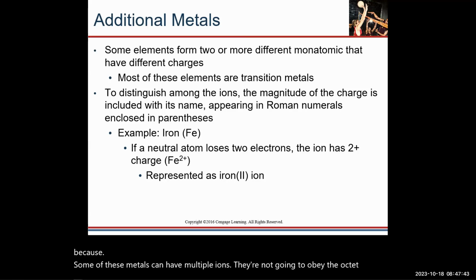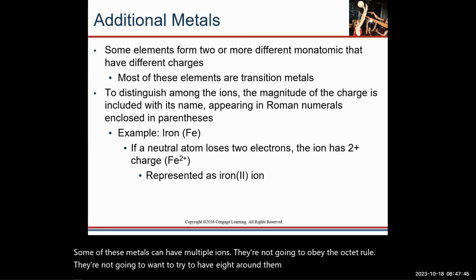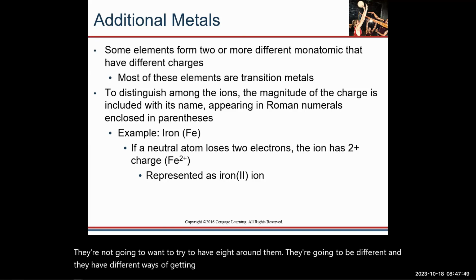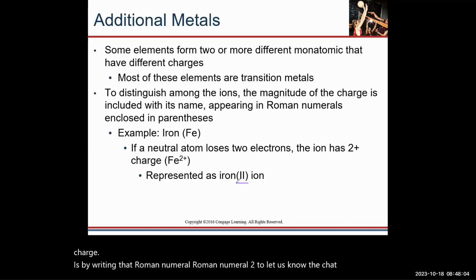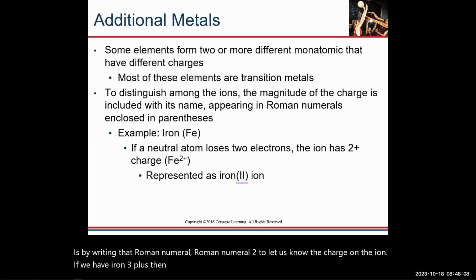They're not going to want to try to have 8 around them. They're going to be different, and they have different ways of getting stable. And so if we talk about iron, we could have iron 2 plus. The way that we represent that charge is by writing that Roman numeral 2, to let us know the charge on the ion. If we have iron 3 plus, then we write a Roman numeral 3.